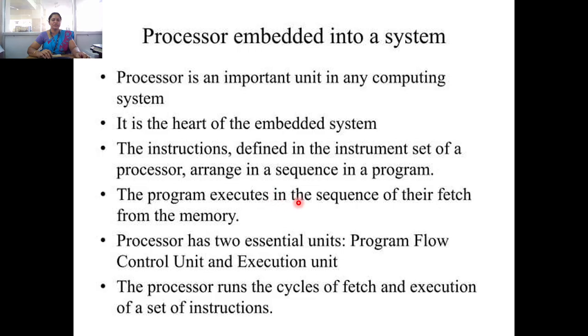Programs execute in a sequence of fetches from the memories, and the processor has two essential units: one is the program flow control unit and the other is the execution unit. We give some input to the system, so continuous monitoring is very important, and finally the execution is also very important. So these are the two essential units of your processor.